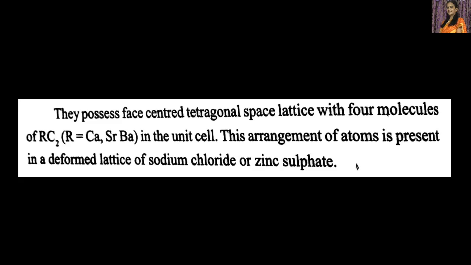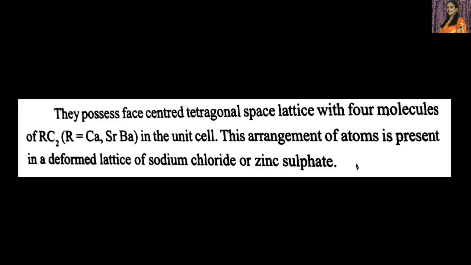Alkali metals and copper, silver, gold form M2C2 type compounds. Alkaline earth metals, that is calcium, strontium, barium, and also zinc and cadmium, the second B group elements, give MC2 type carbides, that is, CaC2 type.